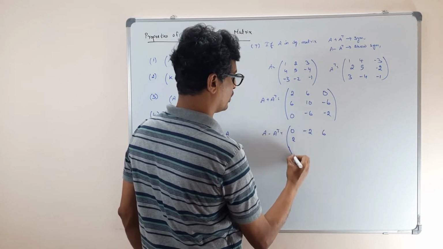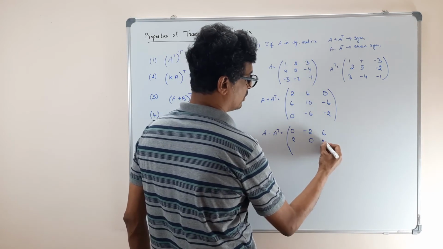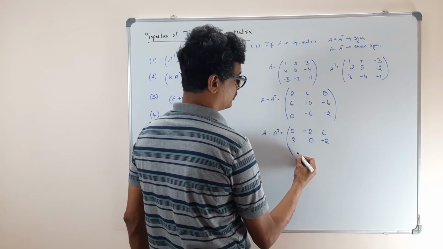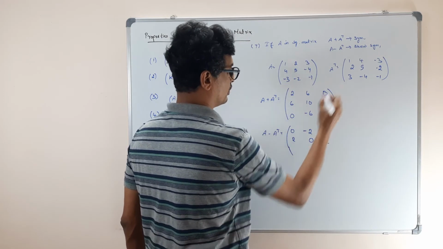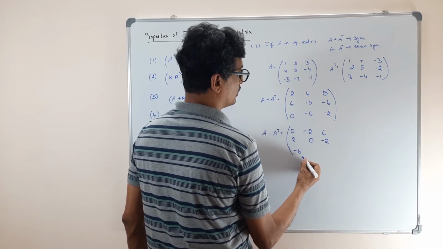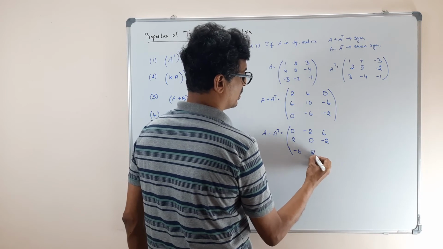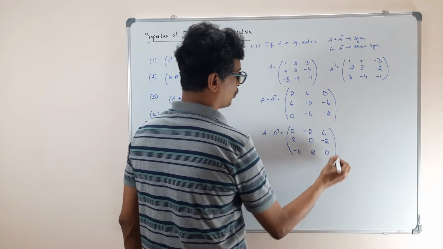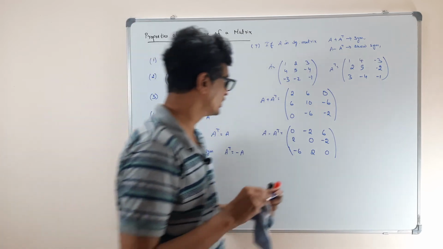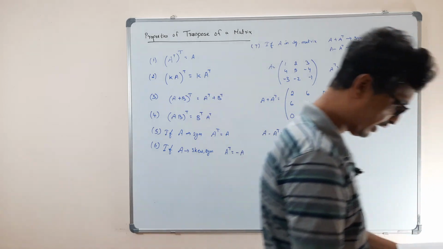Correct. 2, 0. Minus 2, minus 2. Then 0. Minus 6, minus 6, and then 2, 2, 0, 0. Is it skew symmetric? Correct? So this is a very interesting property with your A transpose.